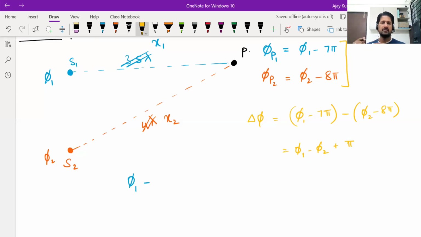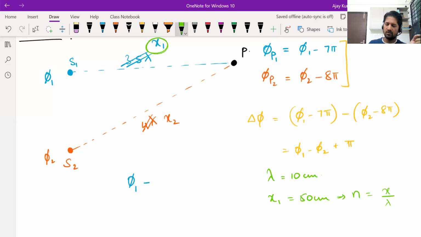Then how many wavelengths does it correspond to? 5 wavelengths. So number of wavelengths is distance divided by the wavelength. Similarly here, number of wavelengths will be x1 divided by lambda.